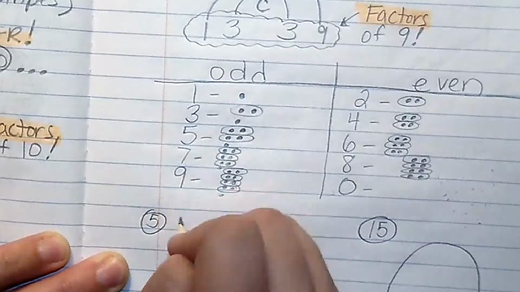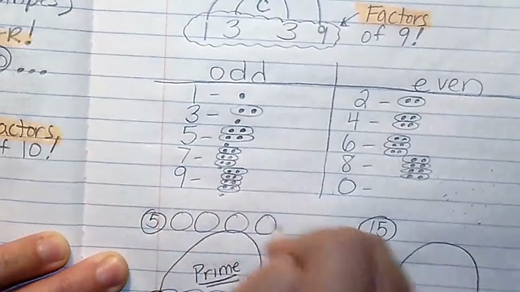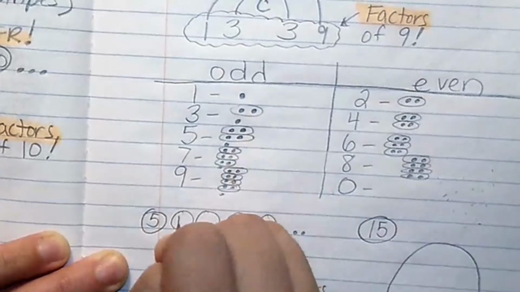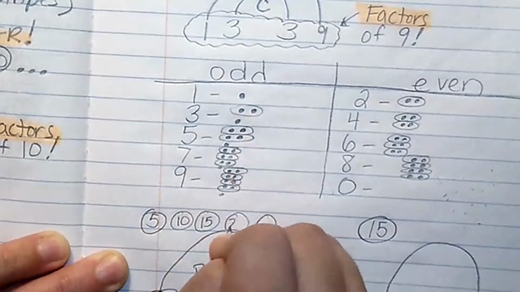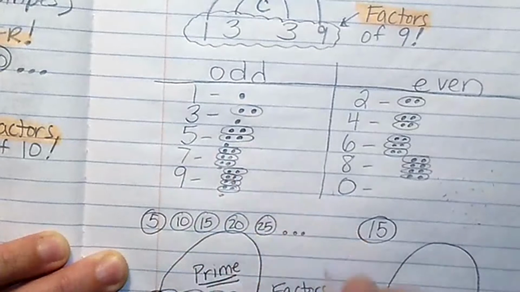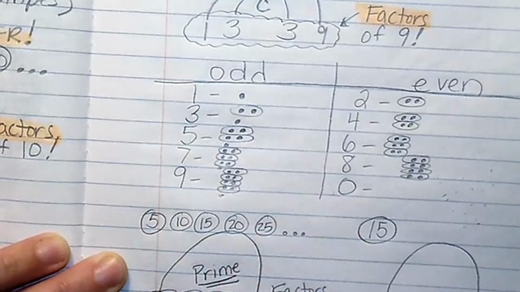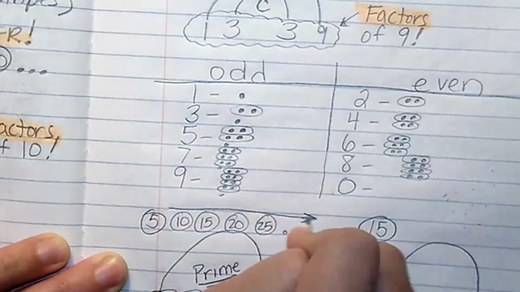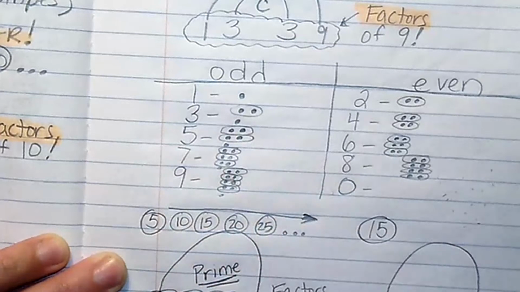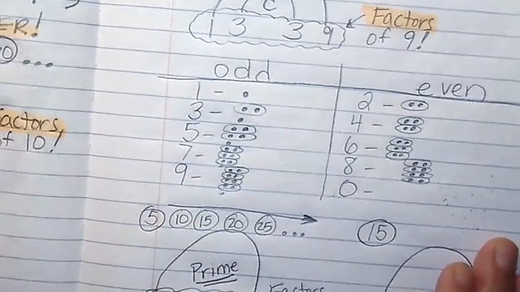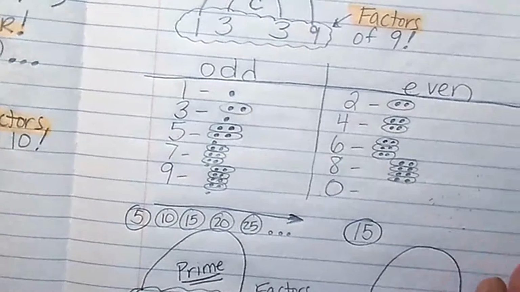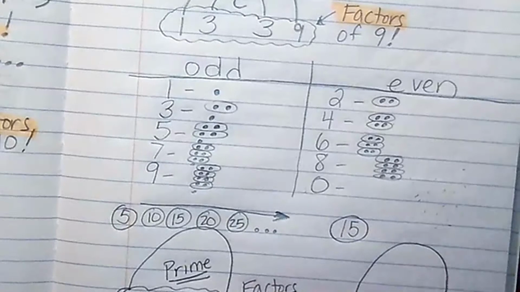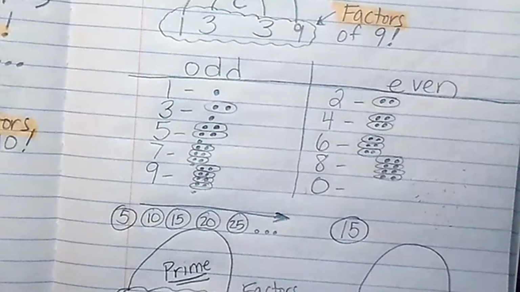Now, of course, we could list multiples because multiples go on forever. 5, 10, 15, 20, 25, 30, 35, 40, and on and on and on. The multiples go on forever. But let's look at 15. 15, I always start at the beginning. 1 times 15. 2 times anything?